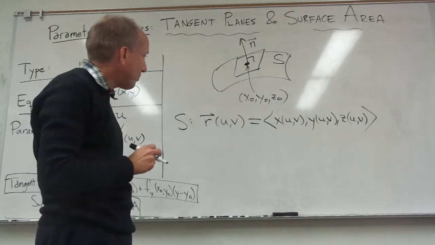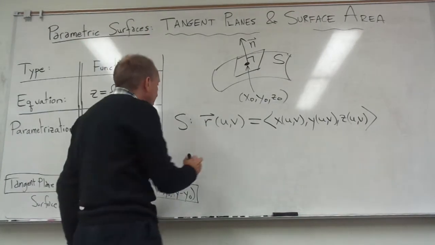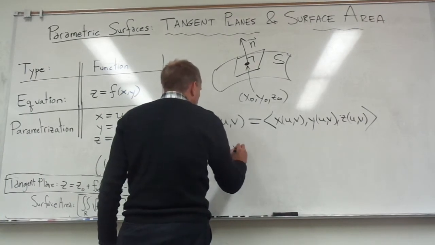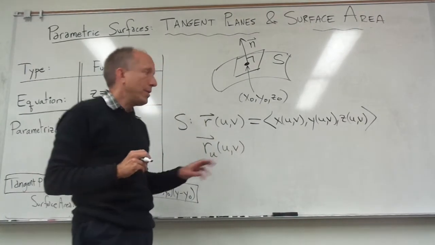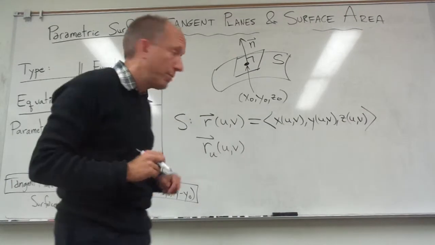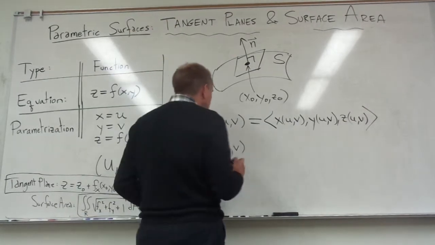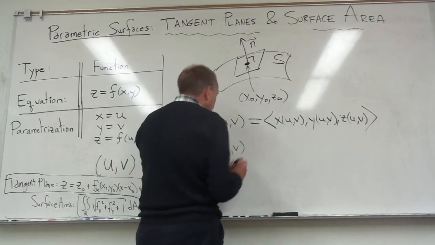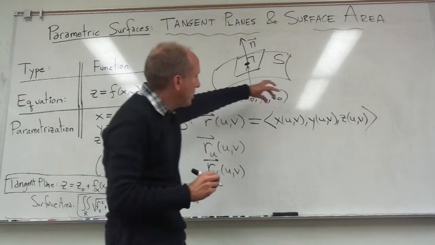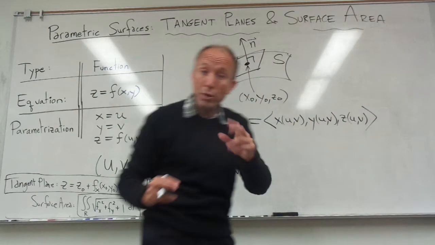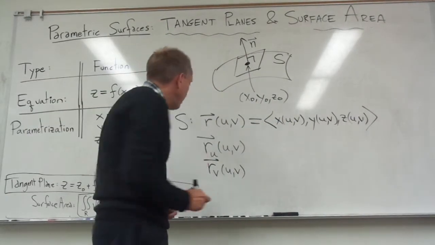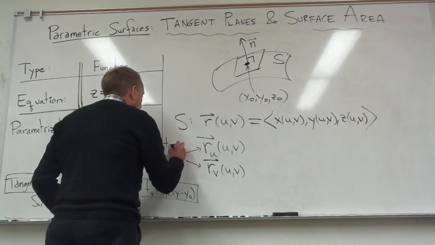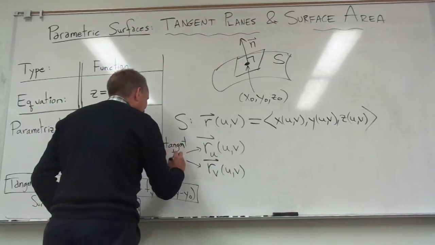One of the things that we've learned is that when you calculate the derivative of the position vector, and in this case there's two different partial derivatives that we can calculate, what we get when we calculate the partial derivatives of these vectors, which is easy to do by the way, right? You just simply differentiate each component with respect to either u or v. Both of these vectors are tangent to S. Right?